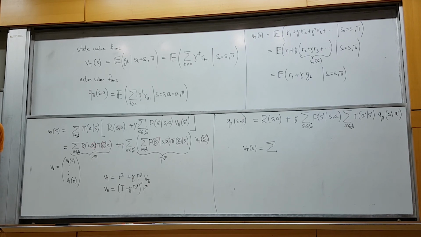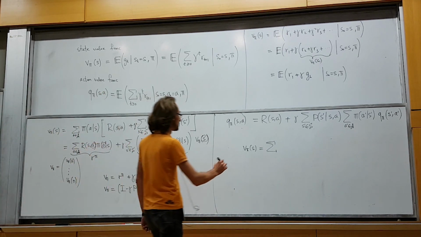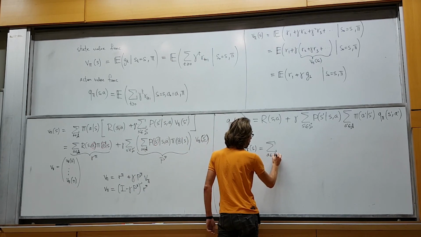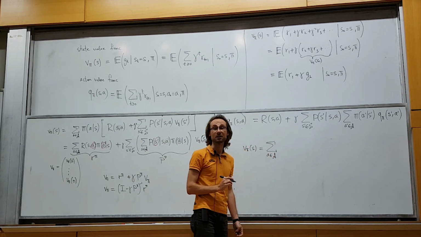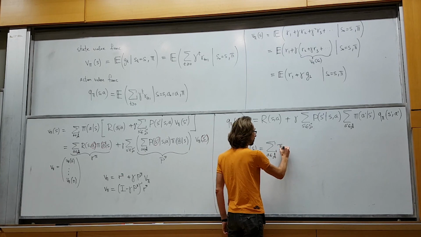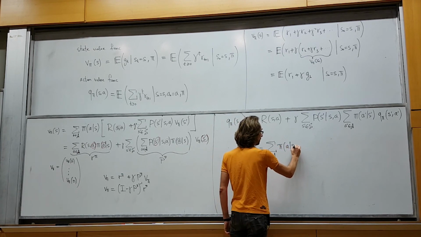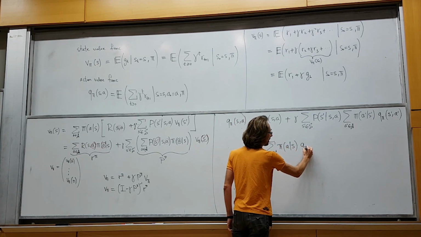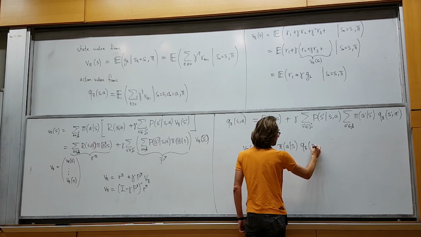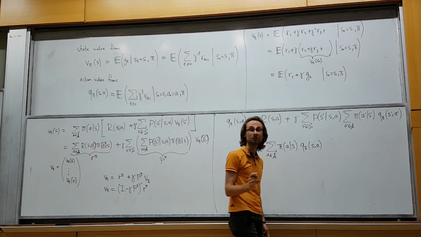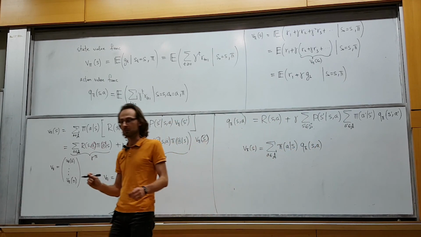It is the sum over all the possible actions I can take in this state, where the probability of the actions is given by the policy, times the value of these state-action pairs. Very simple.